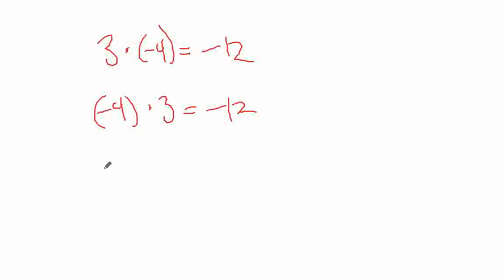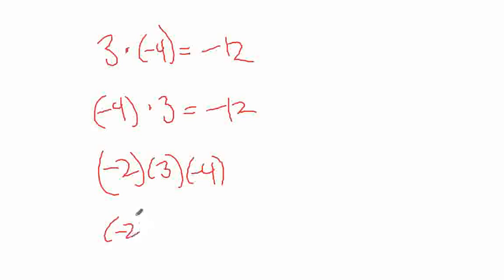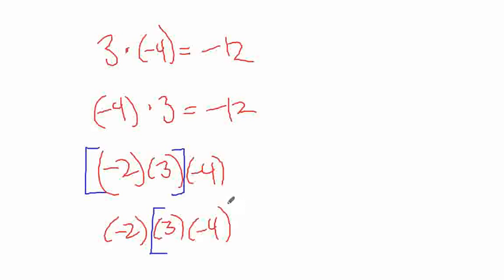If you did minus 2 times 3 times minus 4, let's do it two different ways. One way is we could do the first pair, find that product, and multiply that by minus 4. Or we could do the second pair, the second product, and multiply that by minus 2.